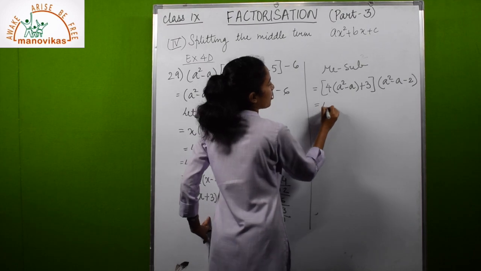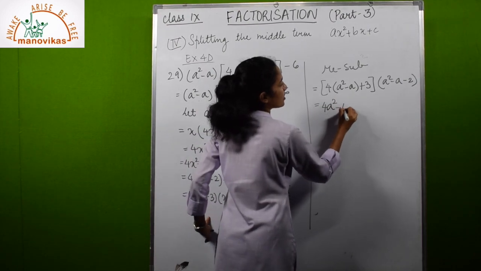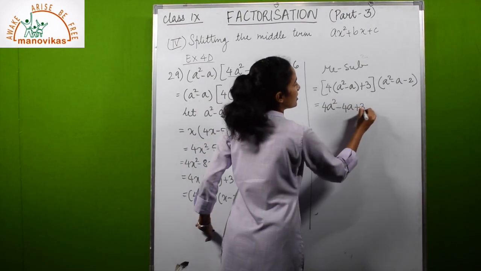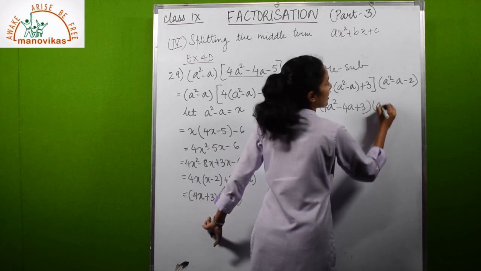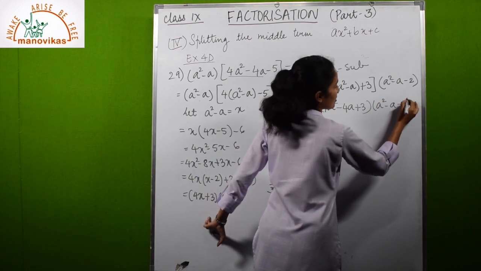So this is 4a square minus 4a plus 3, and this will be a square minus a minus 2.